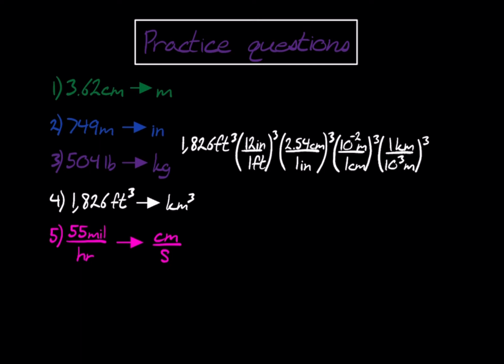Plug this the same way into the calculator, and this equals 5.171 times 10 to the power of negative 8. Again, E means times 10 to the power of.